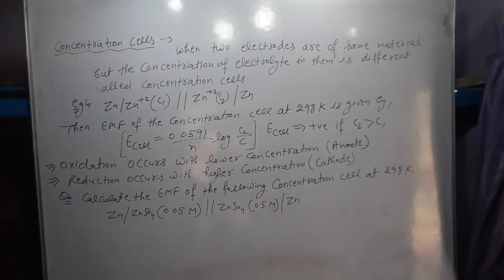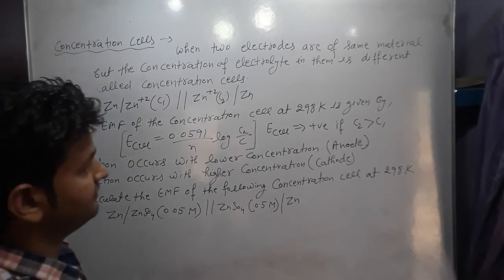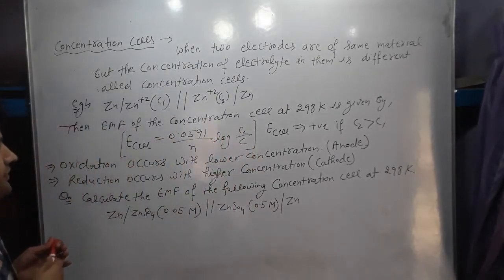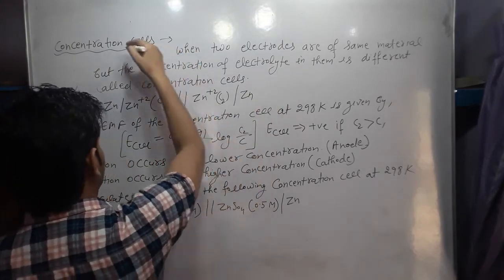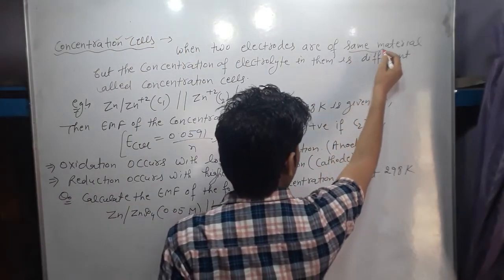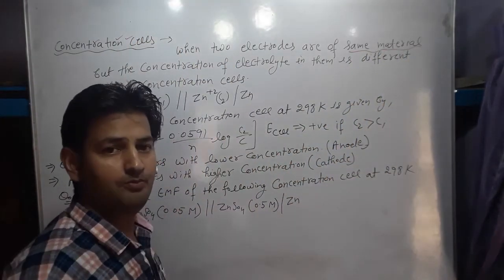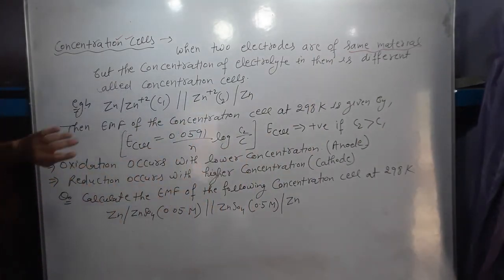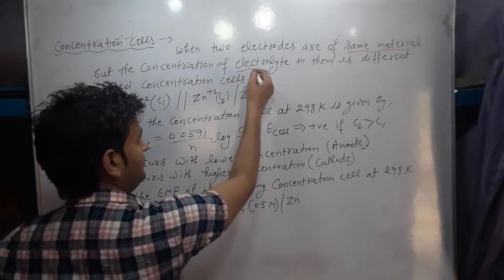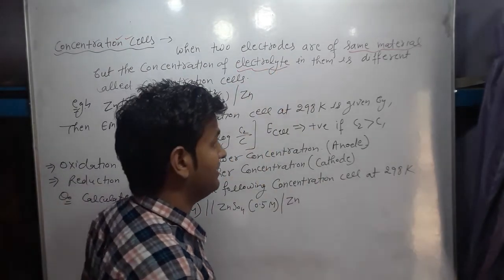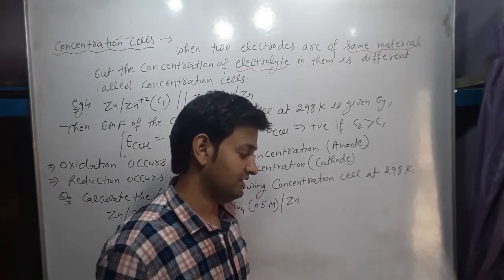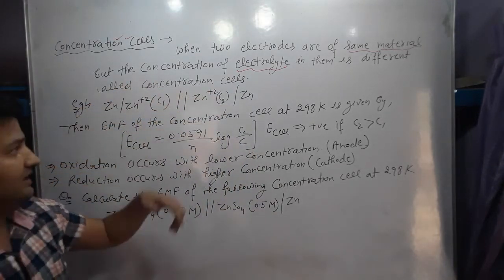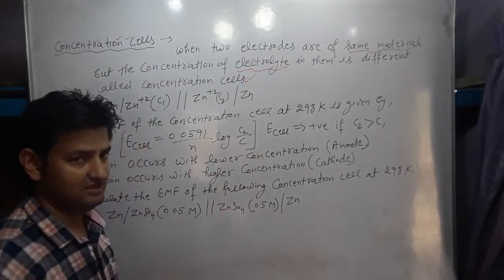So we can calculate the equilibrium constant by using this relation between EMF and equilibrium constant. The next topic is concentration cells. What are concentration cells? Let's start. When two electrodes are made up of the same material, like zinc, copper, iron, but the concentration of the electrolyte, the solution in which they are dipped, is different, they are called a concentration cell.